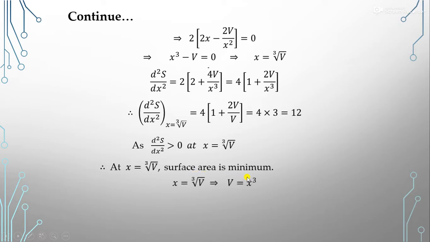Here x is equal to cube root of V, so V is equal to x cube. Now V is x square y, which is equal to x cube. So y is equal to x. Already the length and breadth are x, and here we proved that the height is also x. So we can say that our cuboid is a cube.